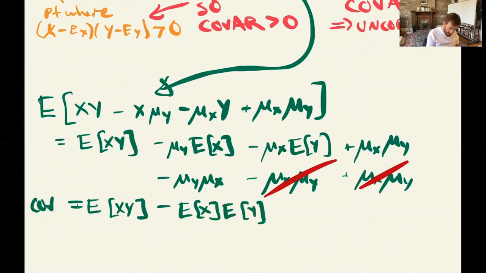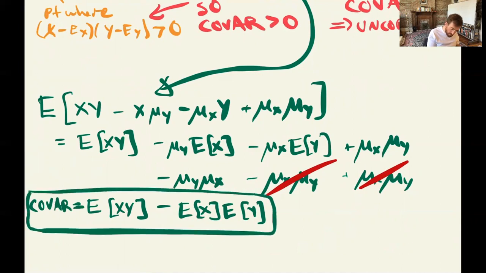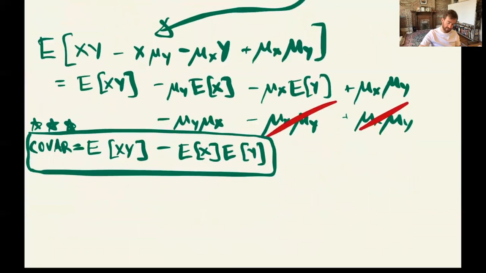And so this ends up being our covariance. So this just shows you why we would compute this quantity, the expectation of x times y, because it's one of the critical ingredients for computing this covariance.